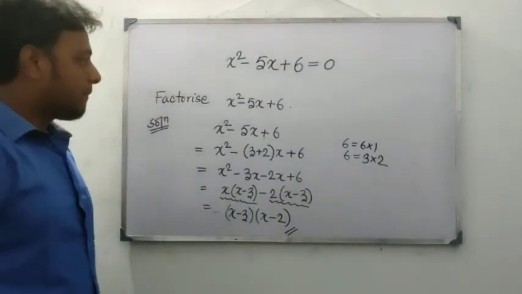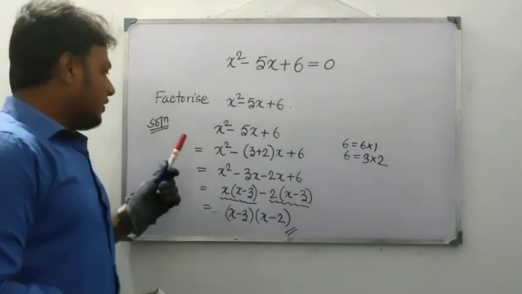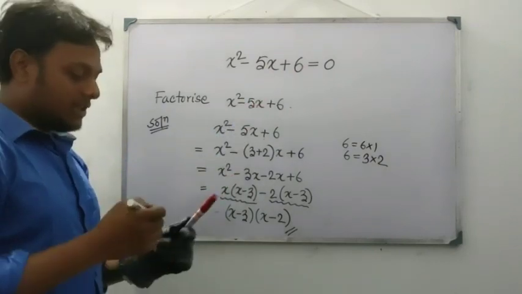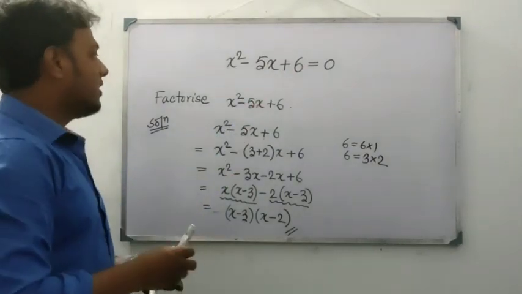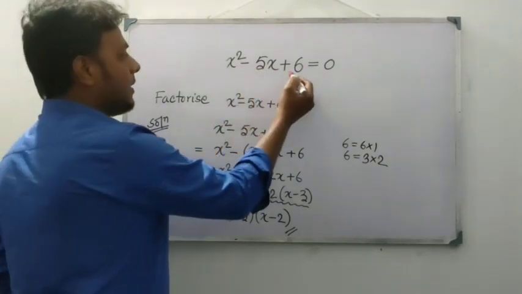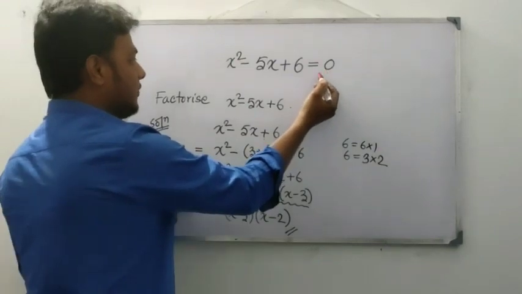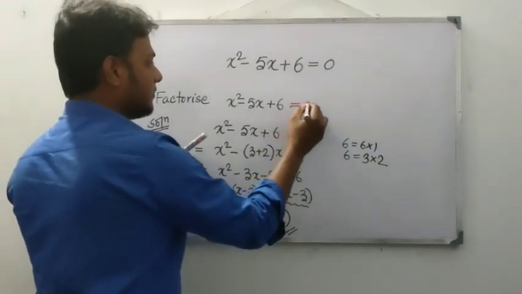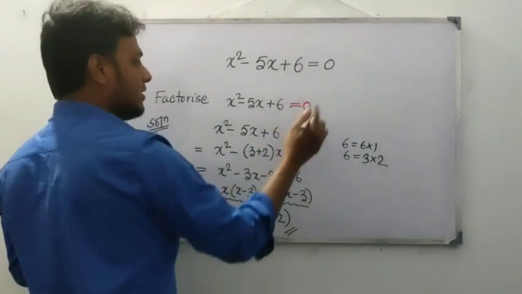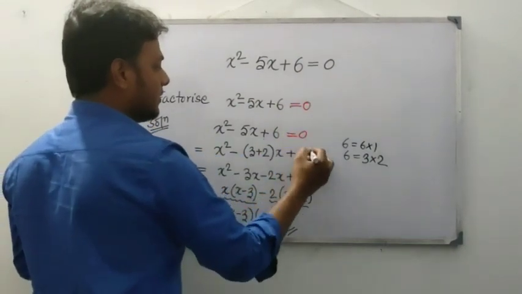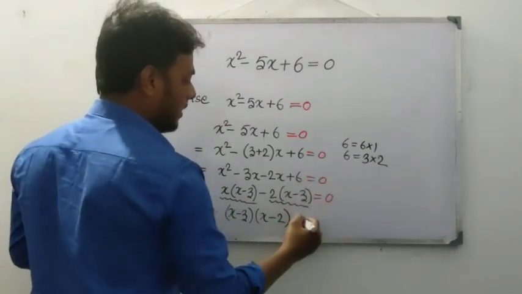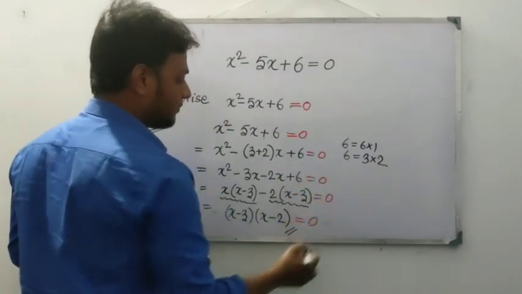Is it clear? Now how can we use this concept to solve this equation? See what is the difference here. In this equation we have given that x square minus 5x plus 6 equals to 0. So if we solve it by using factorization, then there will be 0 at the end.